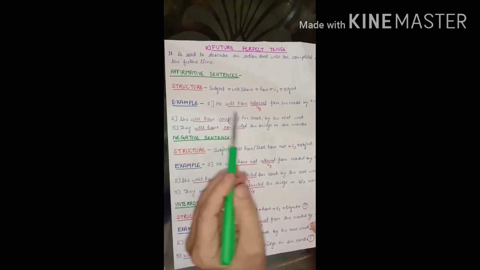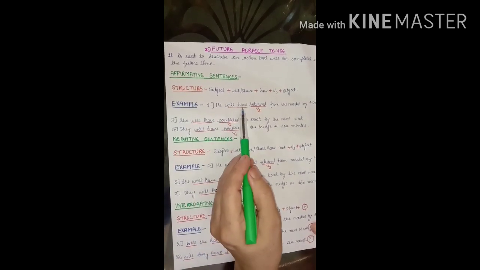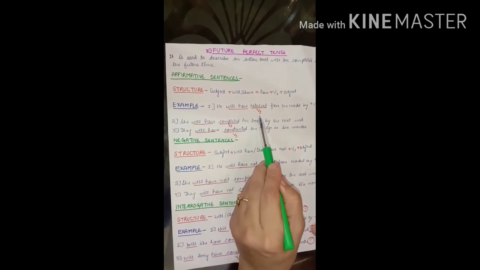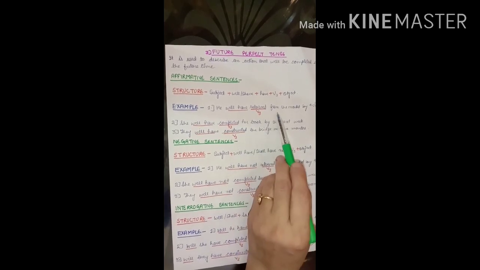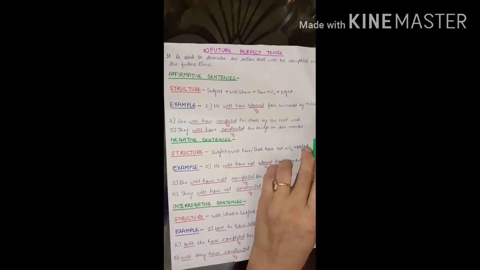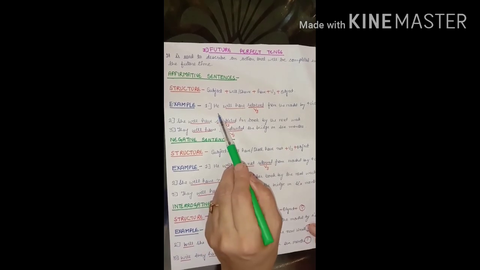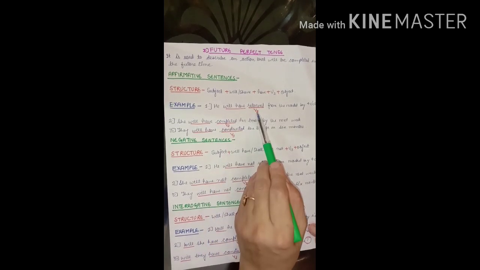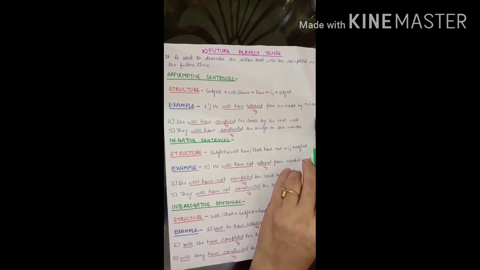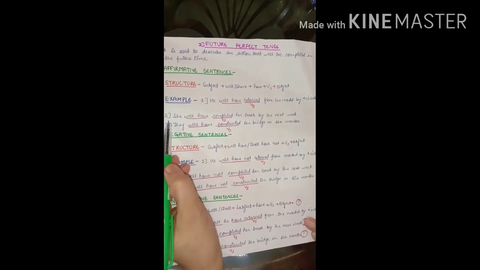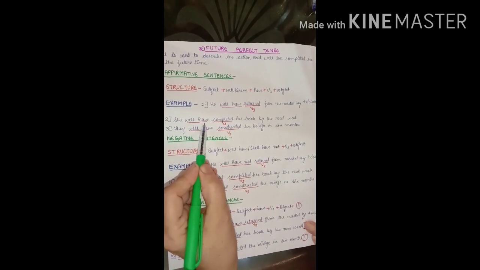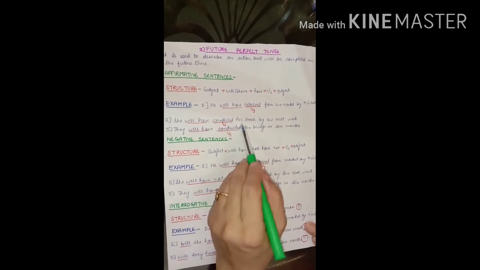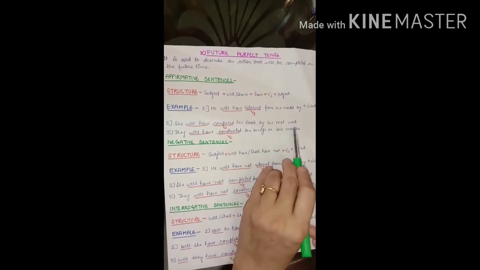First example: he will have returned, third form of verb is used here, from the market by 4 o'clock. Means a person will be returning from the market and time is given by 4 o'clock. Second example: she will have completed her book by the next week.